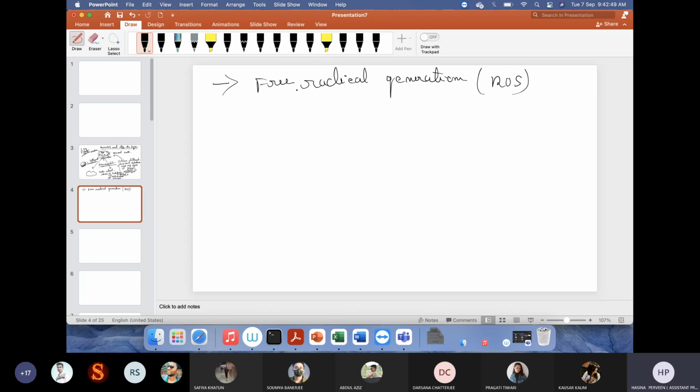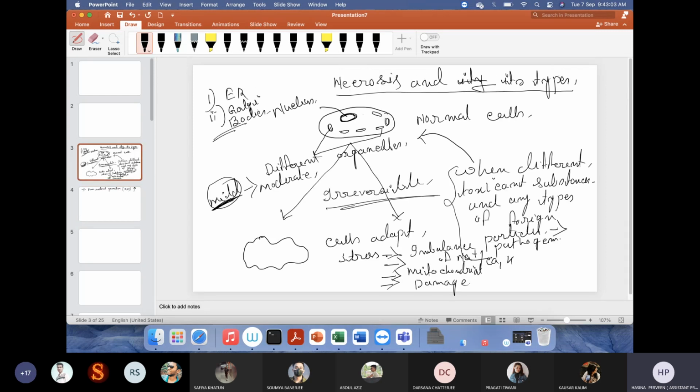When free radical generation increases, that may cause cells to be injured. This is irreversible injury, and these are the different types of causes of cell injuries. Already discussed how they occur: imbalance of sodium, potassium, mitochondrial damage, and ROS generation.